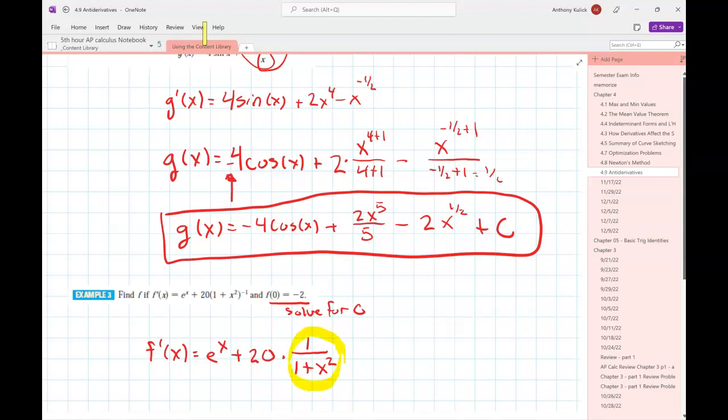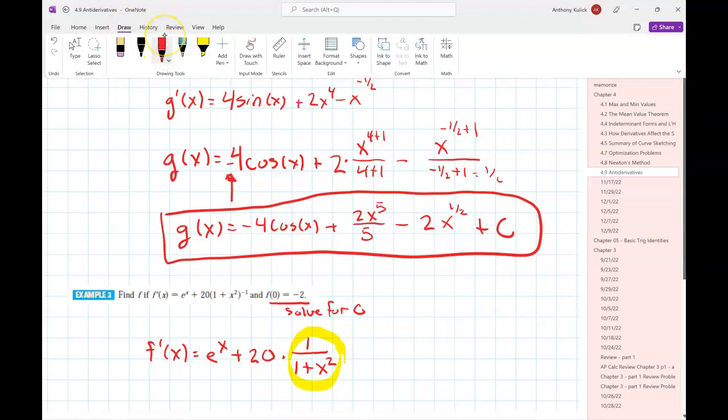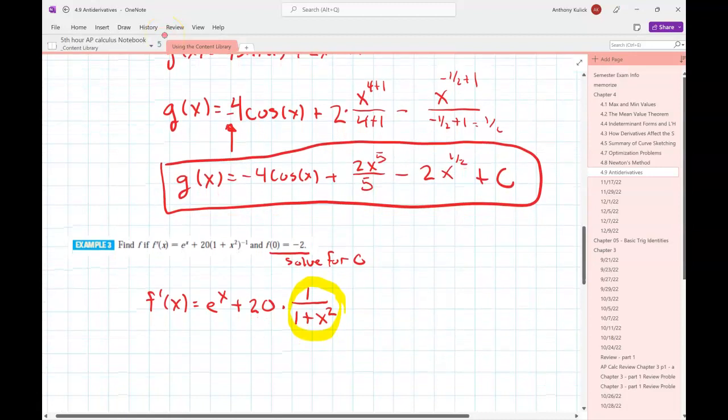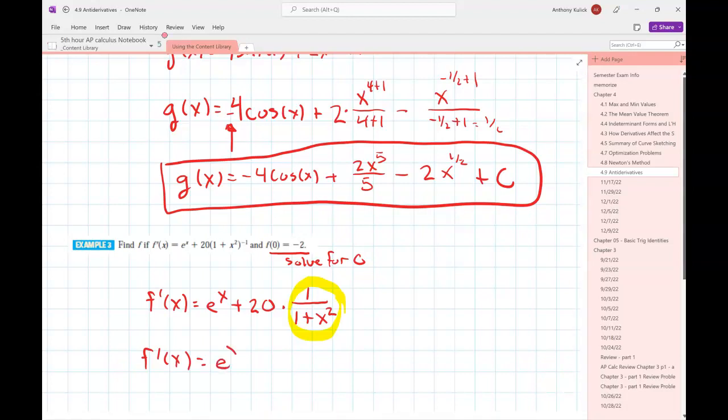But when I write it this way, that I recognize. What is that the derivative of? Tan inverse. Yeah. And what's the antiderivative of e to the x? This is the easy one. E to the x, right?